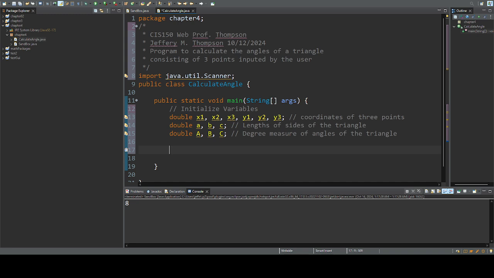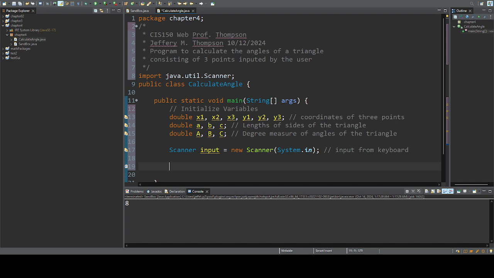Now we'll need our scanner object. Make sure I'm actually typing this visibly. I have a hard time. And so, input from keyboard. All right, so we have everything we need.